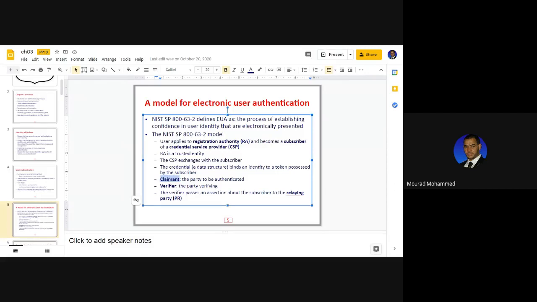To verify the claimant ID means it would say yes, you are validated, or no, you are not validated. Both answers are to be given by the verifier, saying that yes, you are authenticated, or no, you are not authenticated.